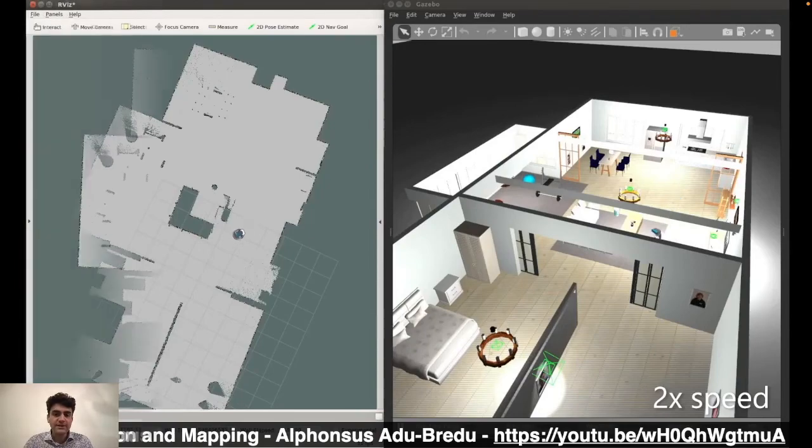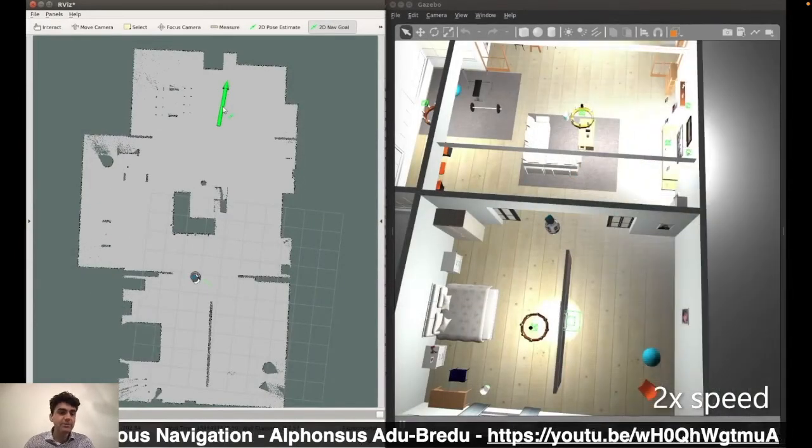And so on this second video, Alphonsus then implemented a path planner using the synthesized map and known localization by using user input, which is shown in the green arrow as he clicks in different portions of the map, which you'll see in a moment here, to provide the goal location.